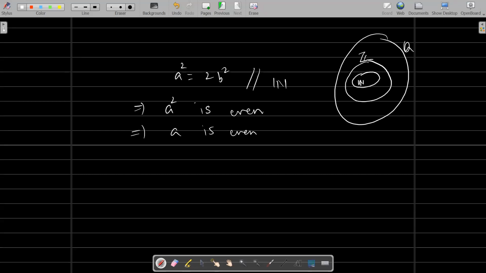Those which are divisible by 2 are even, those which are not divisible by 2 are odd. Even into even is even, odd into odd is odd, so odd square is odd. So if my square is even, the original number cannot be odd. The original number has to be even. So if a square is even, a is even, right? So let a be equal to 2k for some natural number k.